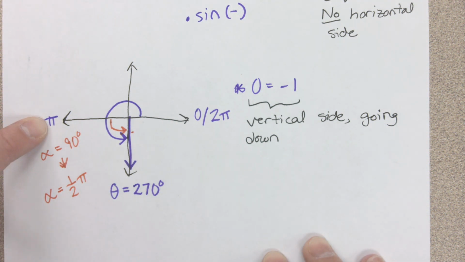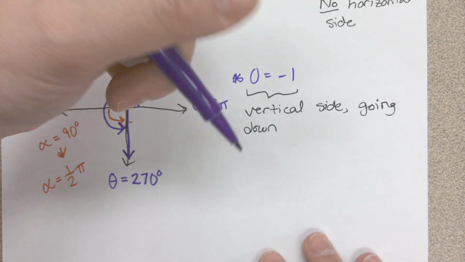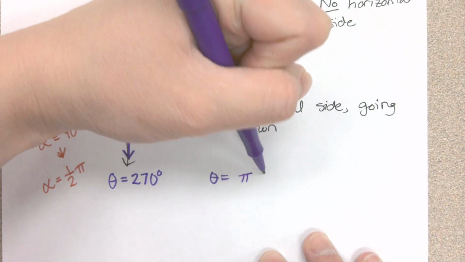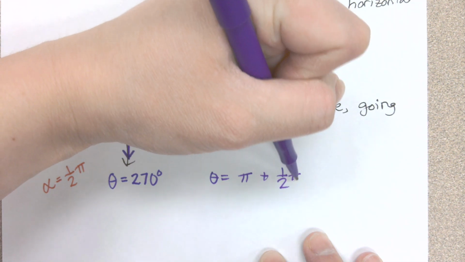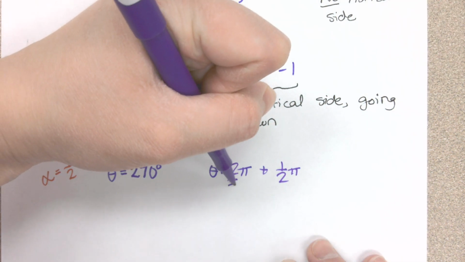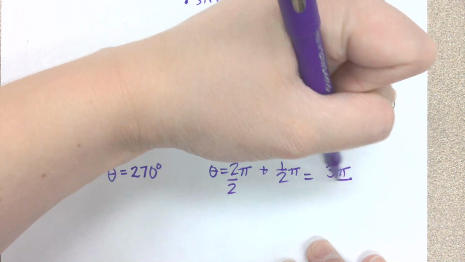So we have pi plus the 1/2 pi to get to this. So we have theta equals pi plus 1/2 pi. And then if we get common denominator, that's actually 2/2 pi. So that's 3 pi over 2.